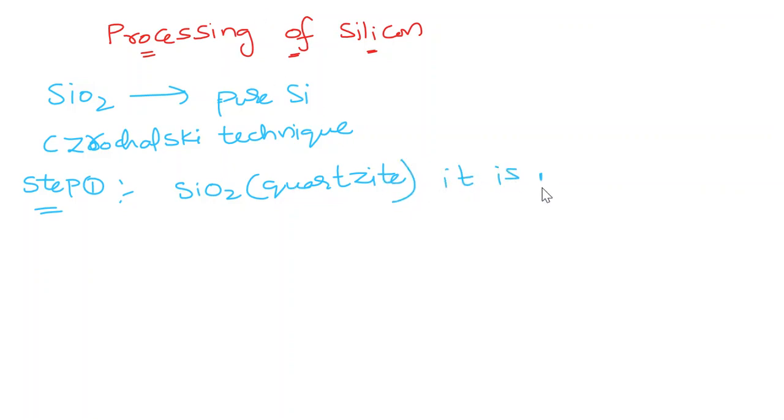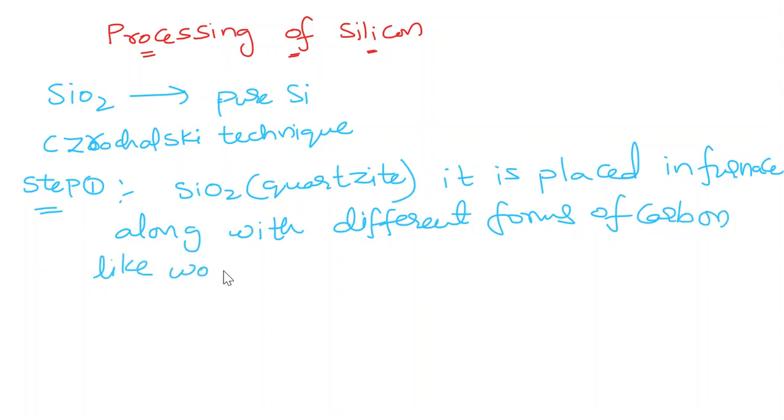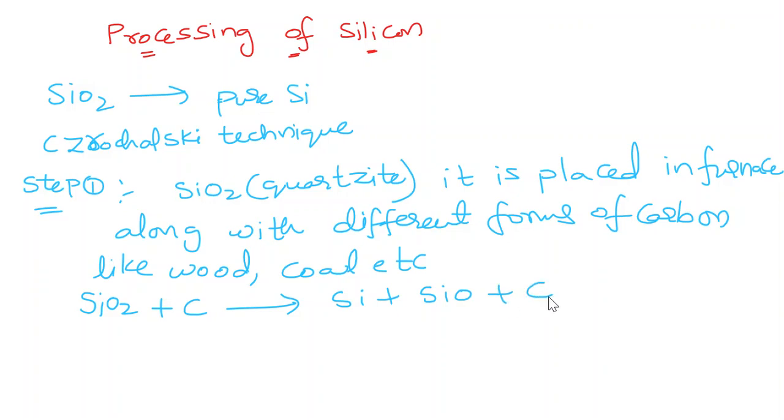It is placed in a furnace along with different forms of carbon, like wood, coal, etc. When we place this SiO2 quartzite with different forms of carbon in the furnace and heat it, a reaction takes place: SiO2 plus carbon gives silicon plus silicon monoxide plus carbon monoxide.